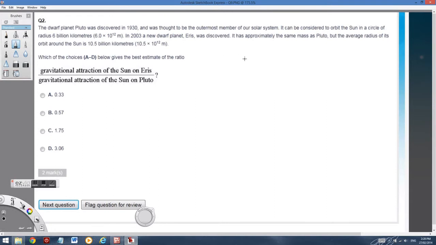The radius of Pluto to the Sun is this much. Write it down. Now we have a new planet, Eris, another planet.